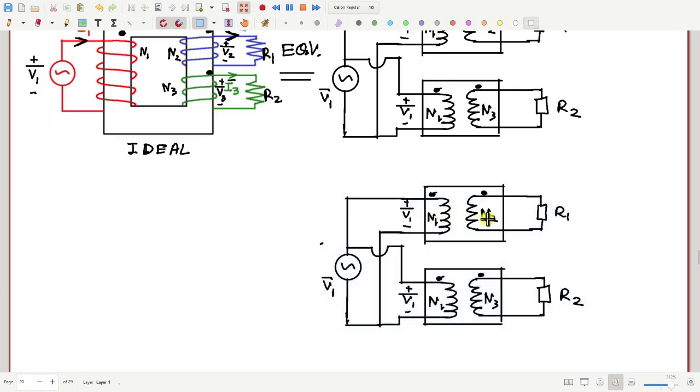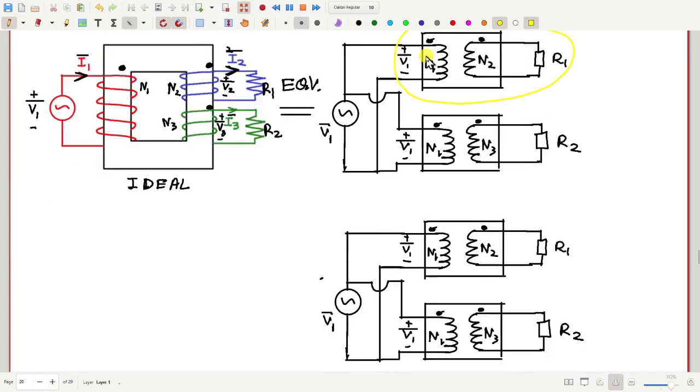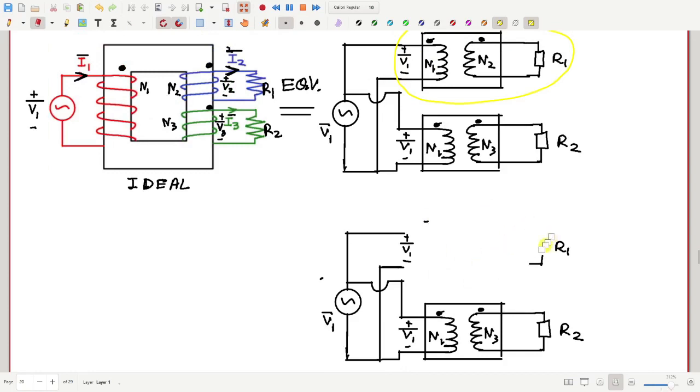So consider, say, this upper transformer part. Just consider this part. I replace this part here with one resistance of value R1 multiplied by N1 by N2 whole square.